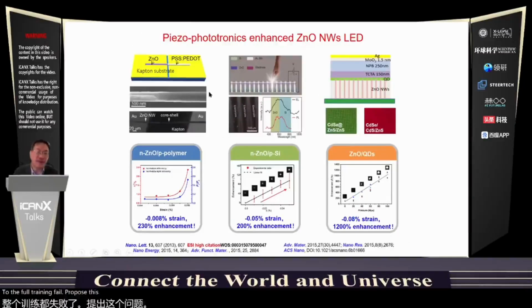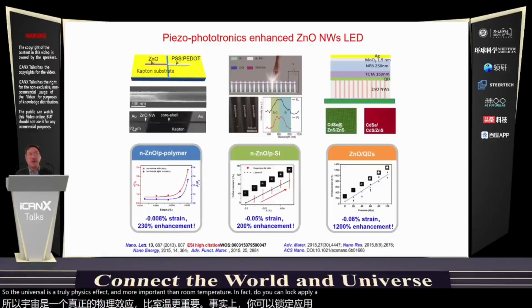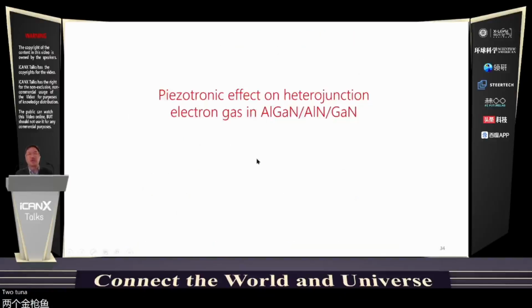This effect is universal, not only for gallium nitride, it's also for zinc oxide and gallium nitride, zinc oxide and a p-type polymer, zinc oxide and p-type silicon, zinc oxide and quantum dots, all are. So it's universal. It's a truly physical effect. And more important, it is a room temperature effect. So you can apply it at room temperature to tune transport.